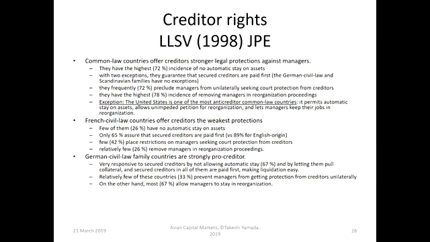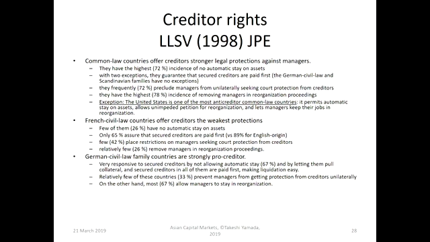The US, in a sense, is a bit of an exception among the common law countries, as it is one of the most anti-creditor common law countries. They don't protect the creditors that much in the US. It permits automatic stay on assets and allows unimpeded petition for reorganization.